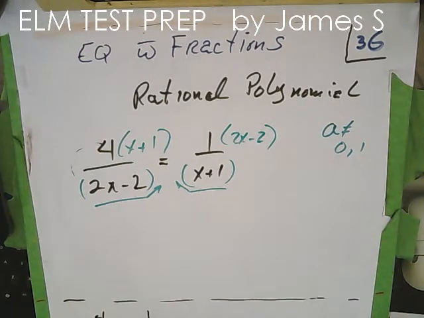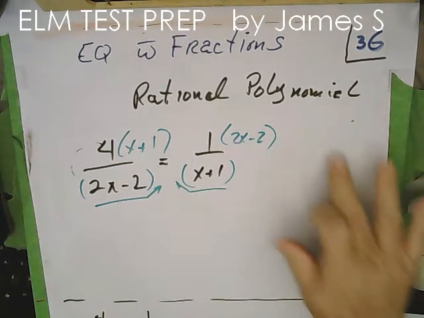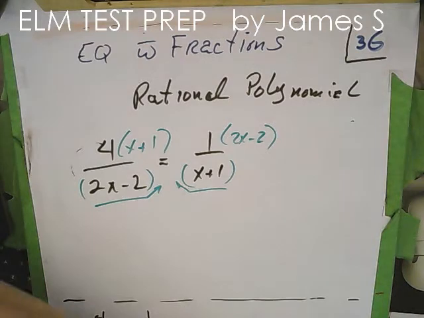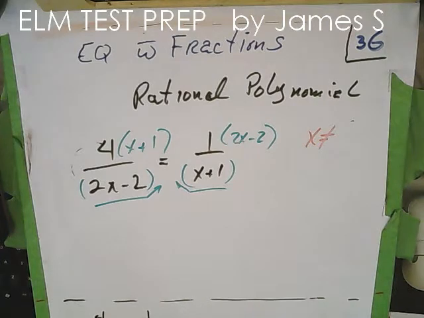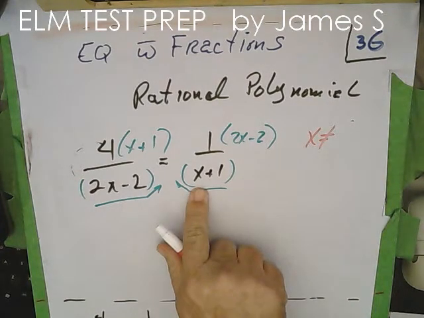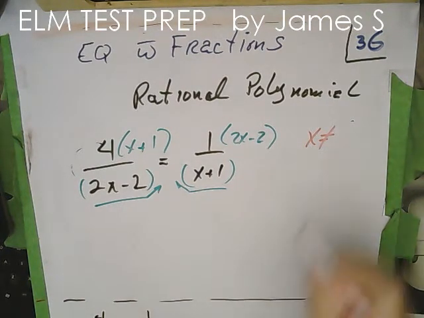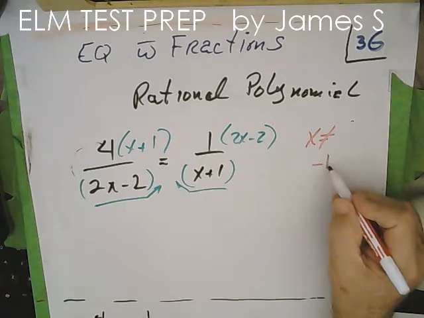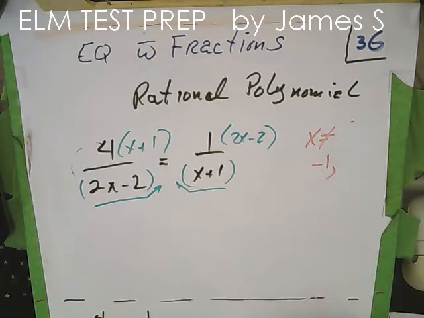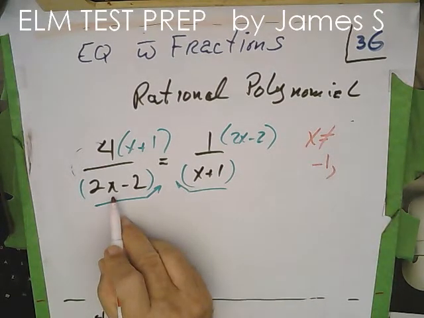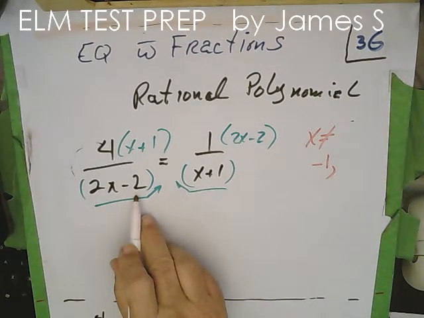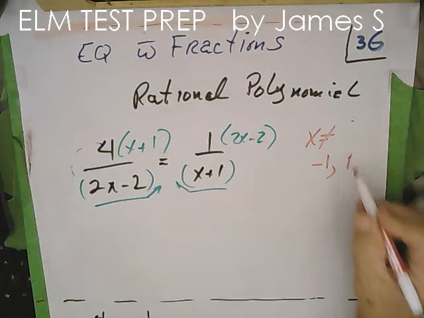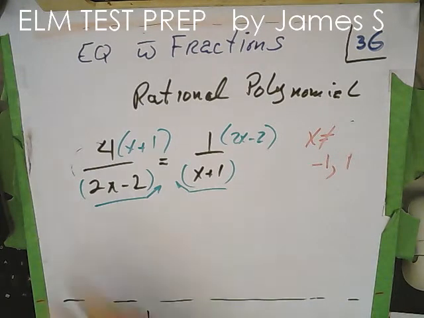Let's look at what our x cannot be. x cannot equal minus 1, because that would make that 0. If I put a plus 1 over here, 2 times 1 would be 2, and 2 take away 2 would be 0. So plus 1 is also not a valid answer.